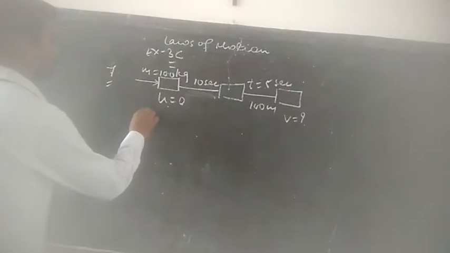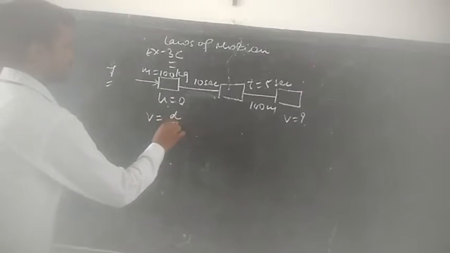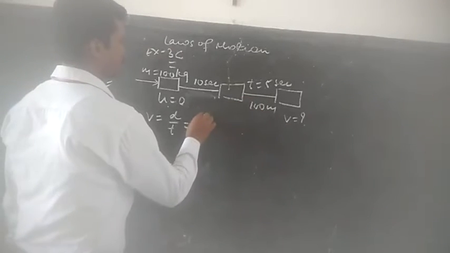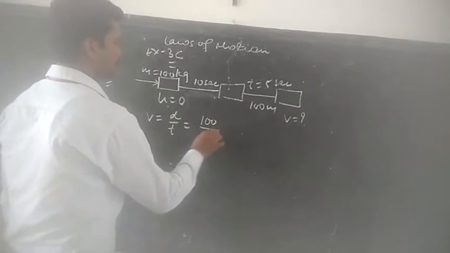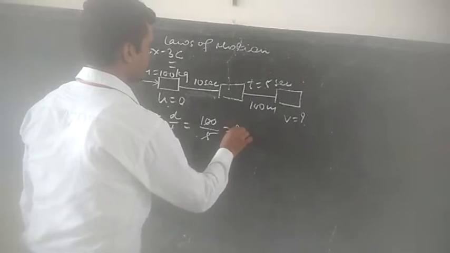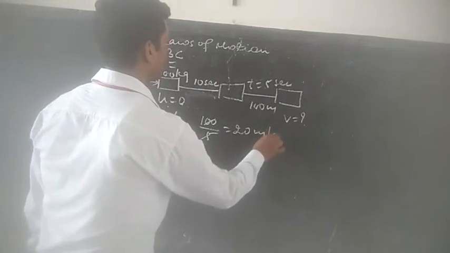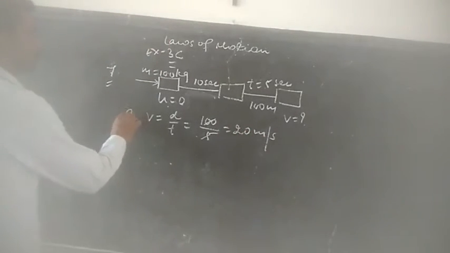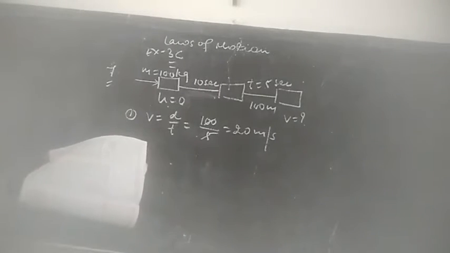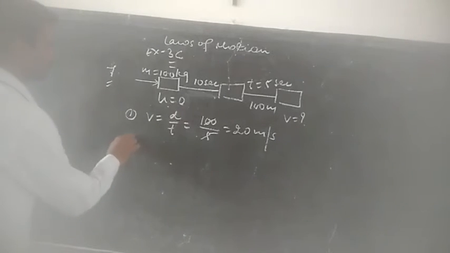As you know, velocity is equal to distance by time. Here distance is 100 and time is 5, which is 20 meters per second, the final velocity. Number 2, acceleration produced.